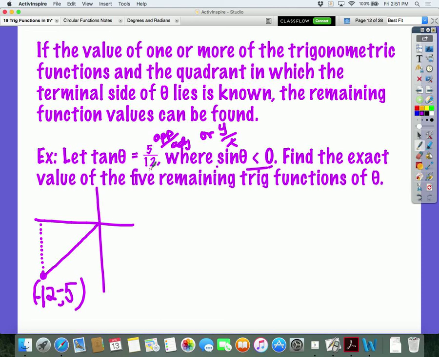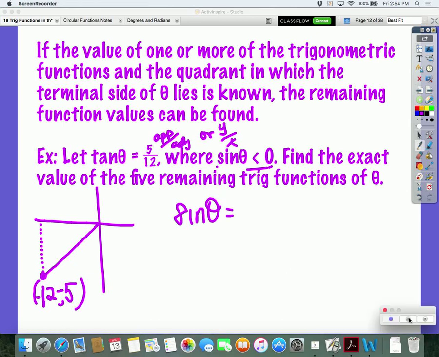And then, out of 1 and 3, which one of them has sine being less than 0? Third quadrant. So that's how you'll be able to figure out what quadrant it's in. Okay? Now, if it said sine is greater than 0, then it would have been in the first quadrant.